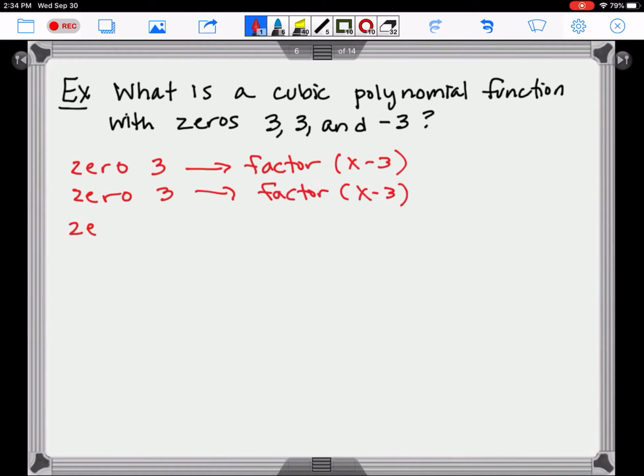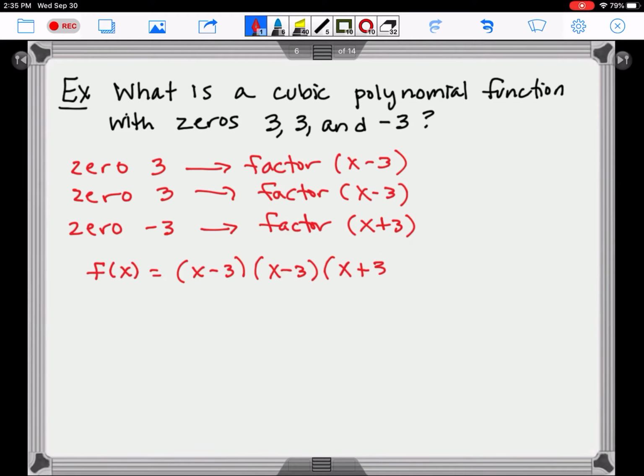And if I have a zero of negative 3, then that factor is x plus 3. Okay? Now, if I write the cubic polynomial function as a product of its linear factors, then that function equals x minus 3 times x minus 3 times x plus 3.